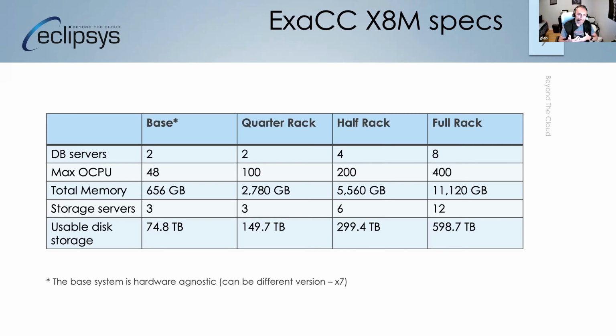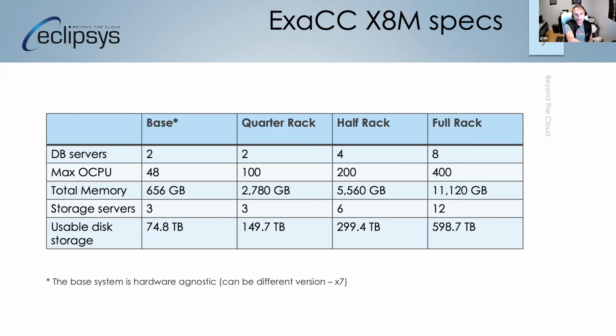For base system, if you order it, you probably can get X8, but can get X7 as well. So that is not promised for you. In reality, I would not recommend base system to anyone. I would prefer to have a proper quarter-rack environment instead.